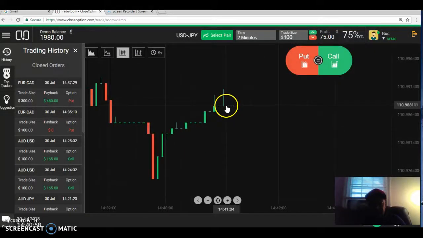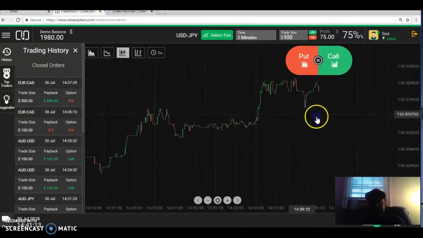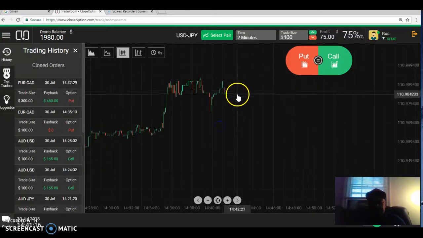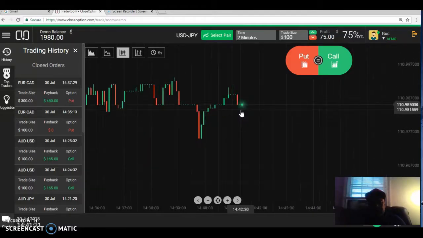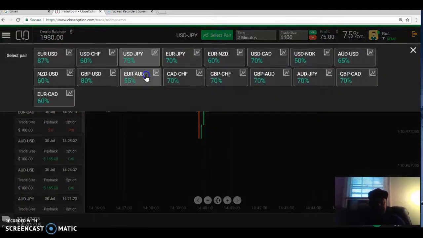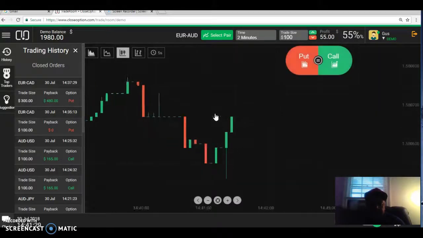Check out the USD JPY. Okay, it's not too much. Let's move on. Let's see if we can find another currency. May want to go back to that USD JPY in a minute.